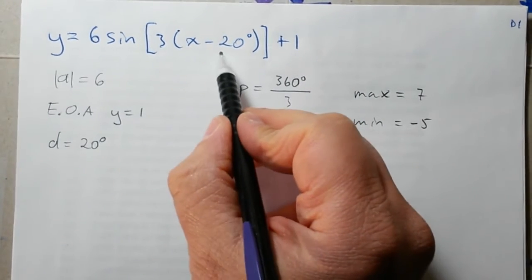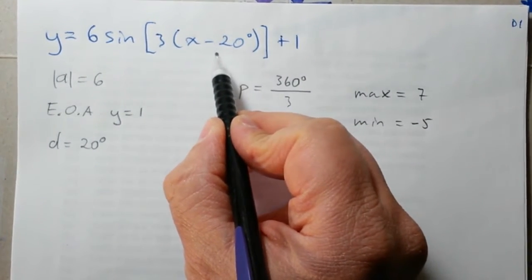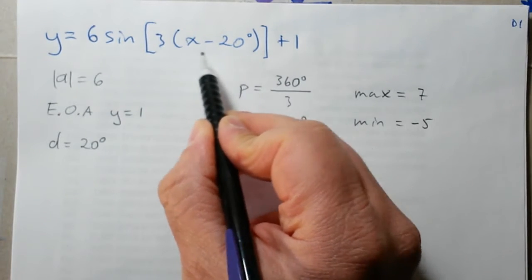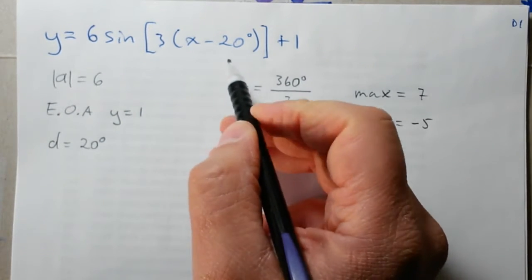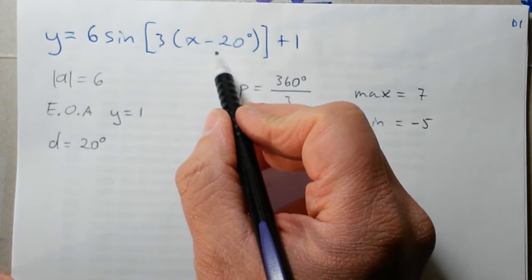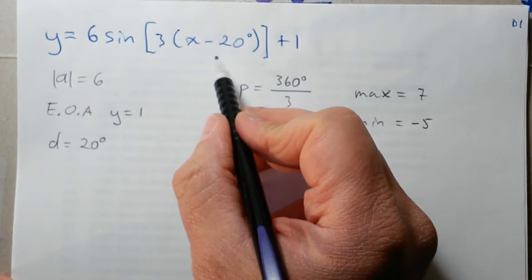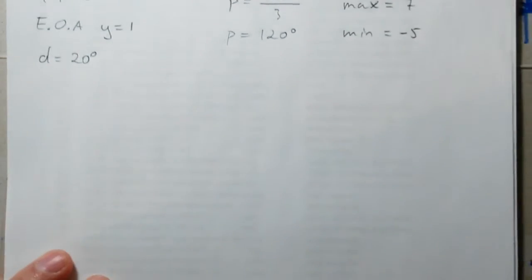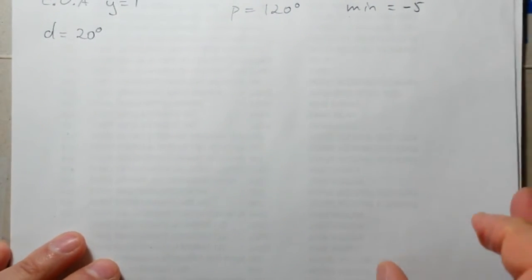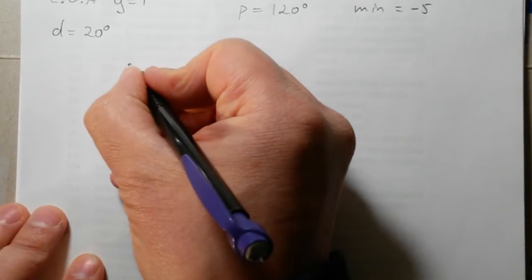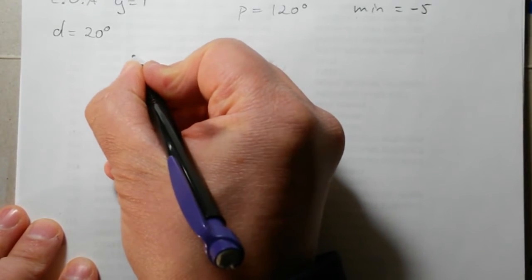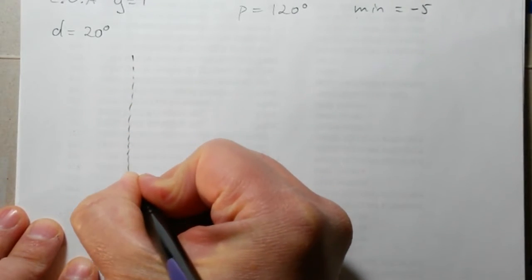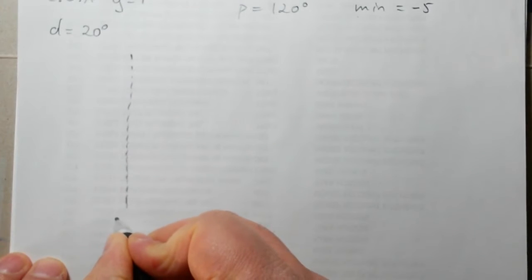So first I suggest we start with the value of d, in other words, with the value where the function has shifted. In this case it has shifted 20 degrees to the right. So we do a dotted line here indicating this will be 20 degrees.